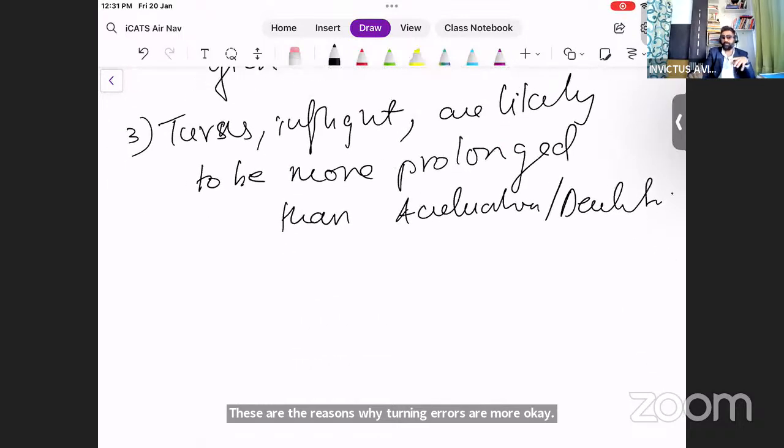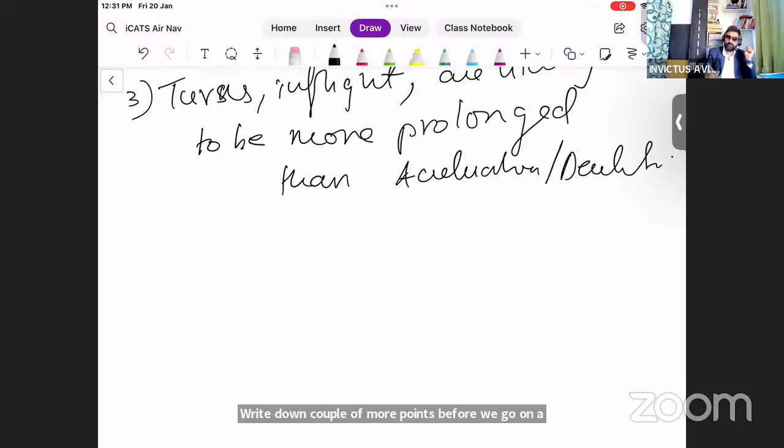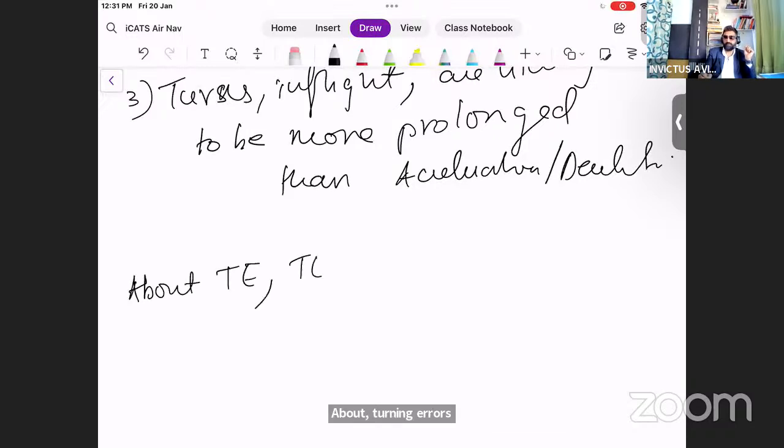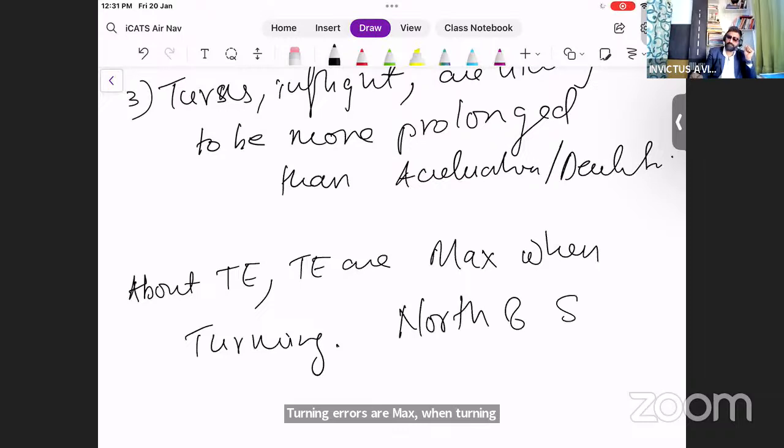Write down a couple of more points before we go on a break. About turning errors. Turning errors are max when turning north and south.